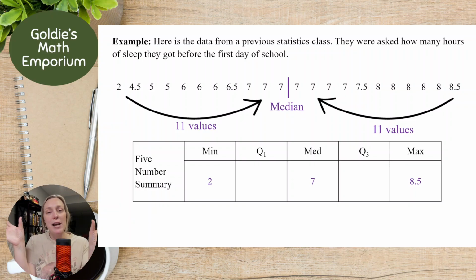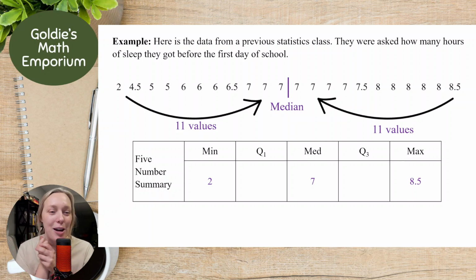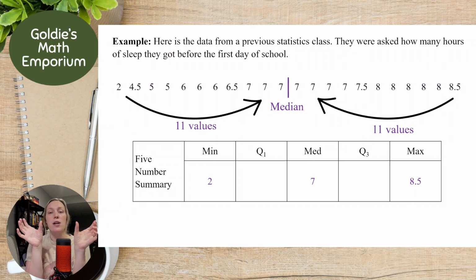Right? So if we have an even list of numbers, we take an average of the 2 center numbers to find that true middle. And in this case, it's just 7, right? So that's our median. And those are pretty straightforward. We've done those before. Now to find the quartiles, some people describe them as the median of the median. They're going to be the middle value on either side of the median.